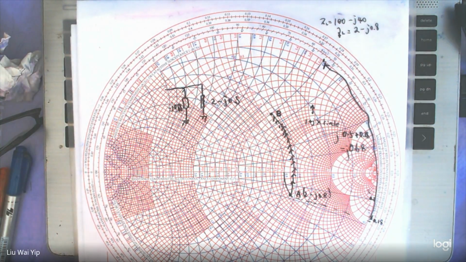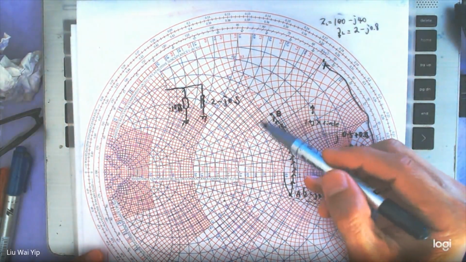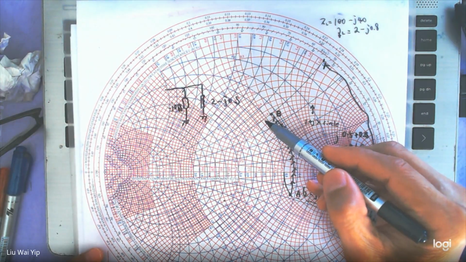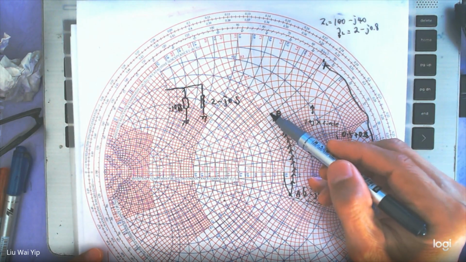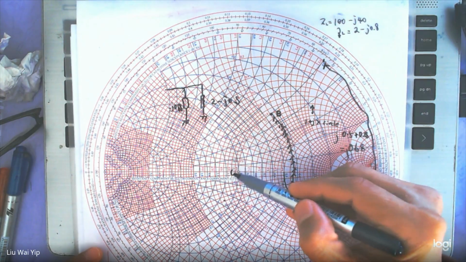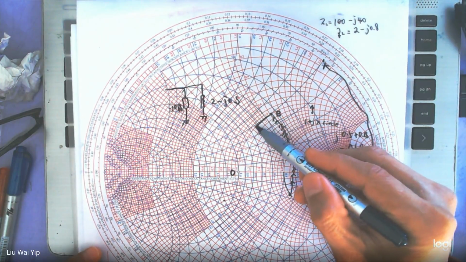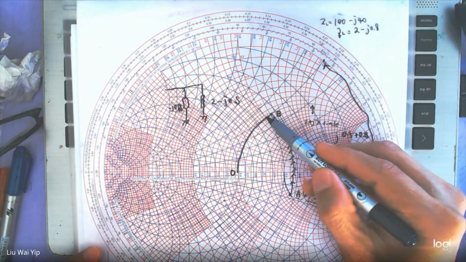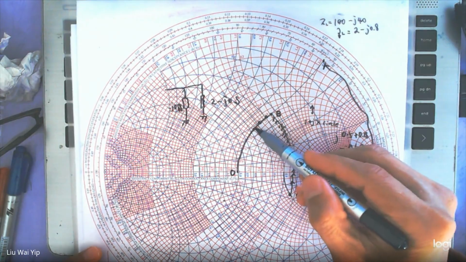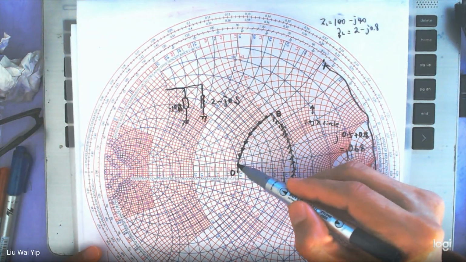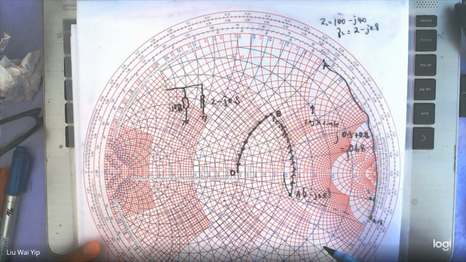The next thing that you will need is to find out how much reactance you need in order to bring you from this point B to the origin. So you scan this way, drag along the 1 plus jx circle in an anti-clockwise direction until you reach point O, and check how much inductance you will need.